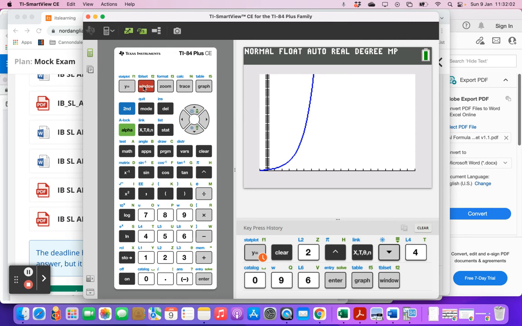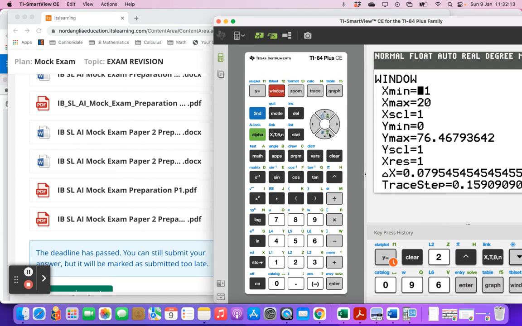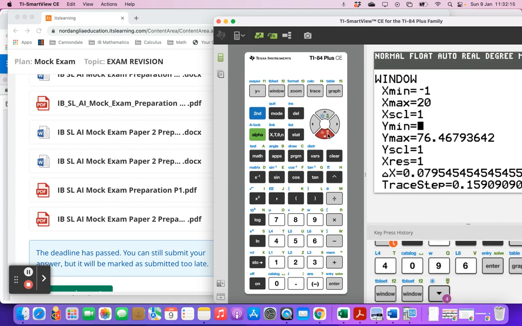4096. Yeah, my calculator is really lagging here. 5,000 for a max.